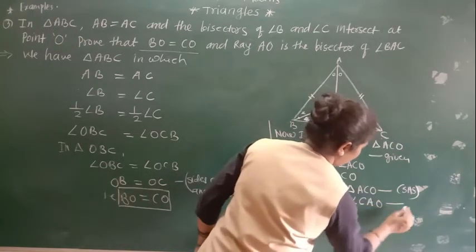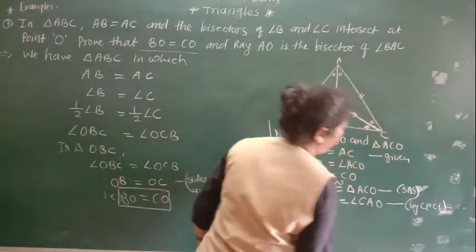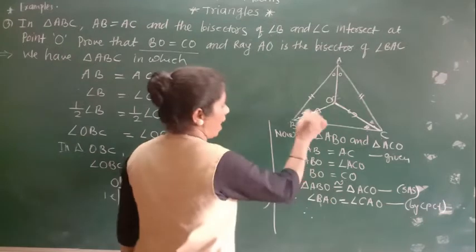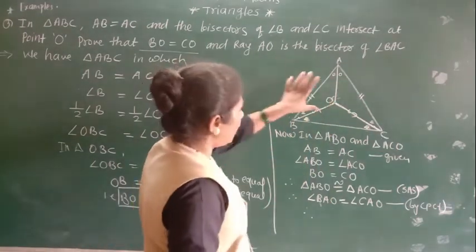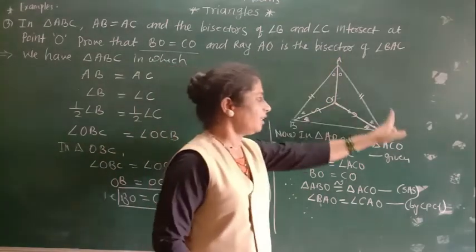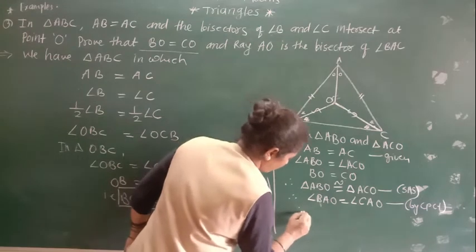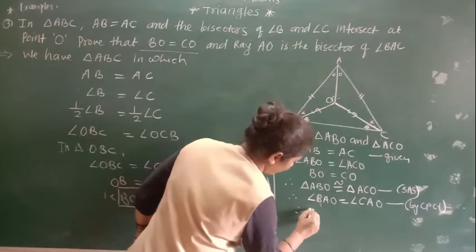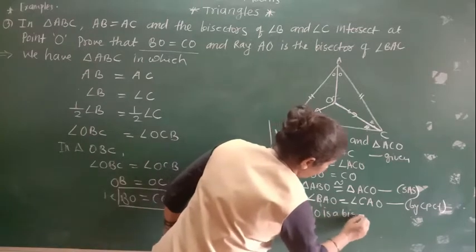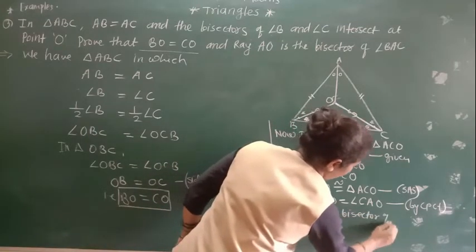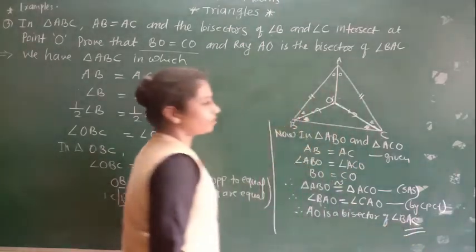The reason is it is the corresponding part of the congruent triangles. So by CPCT, if angle BAO equals angle CAO, then we can say that AO is the bisector of angle BAC. Okay, so hence we will write here, AO is the bisector of angle BAC. Understood everyone?